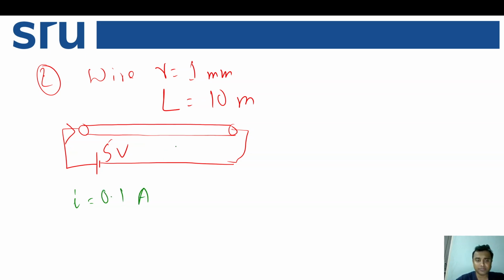Let's say, for example, it may be weird numbers not matching any physical material. So it is 5 volt.